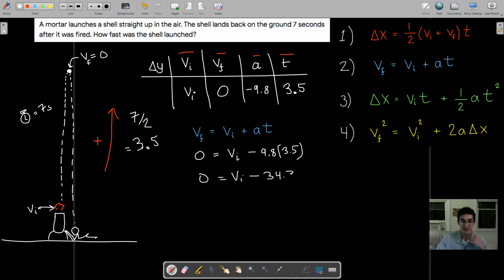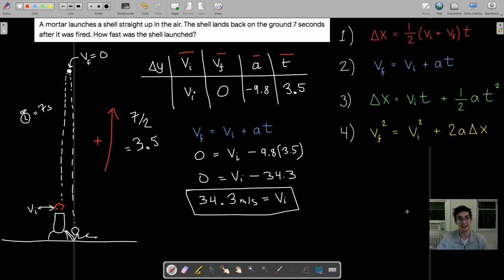And if we add 34.3 to both sides, we get a final answer of our initial velocity, which is 34.3 meters per second, okay? That is the solution to our problem, 34.3 meters per second. And of course, it's going to be positive because our velocity is up initially. So that's the question. We found the speed at which our shell was launched, and we are done.